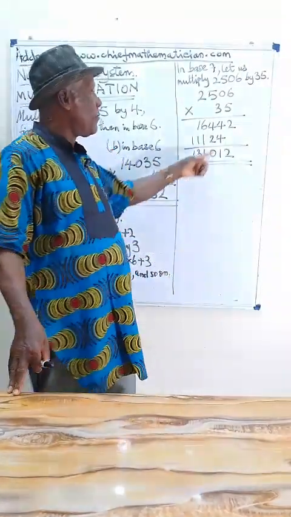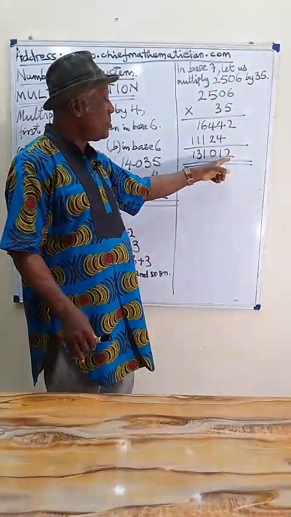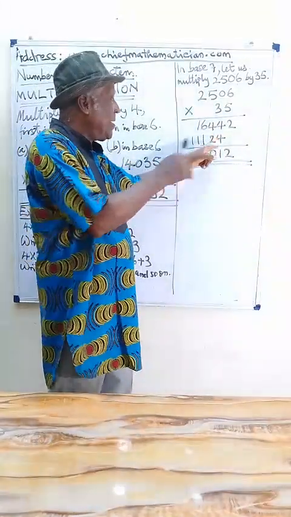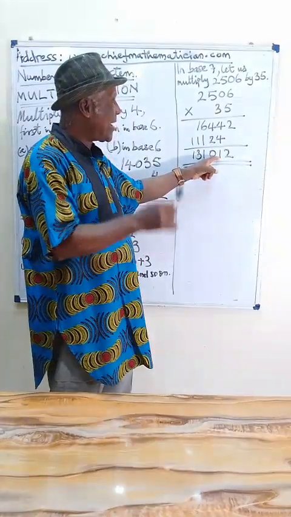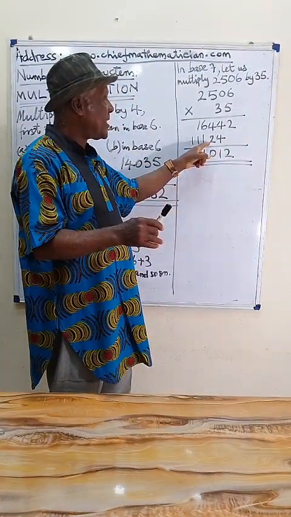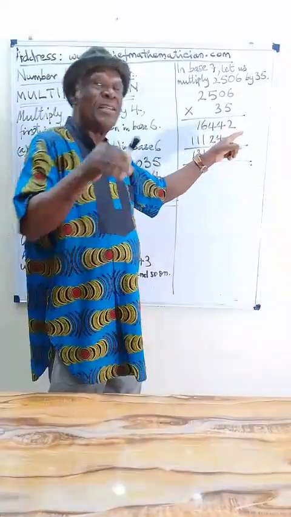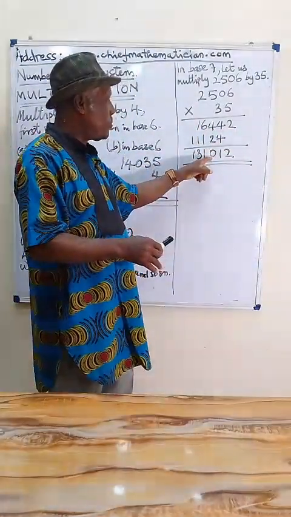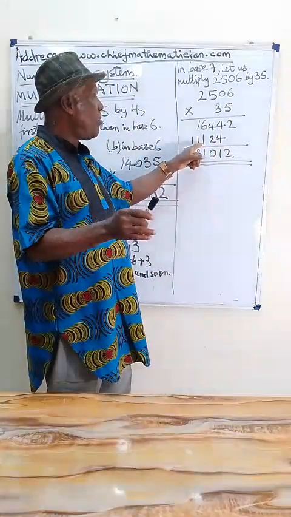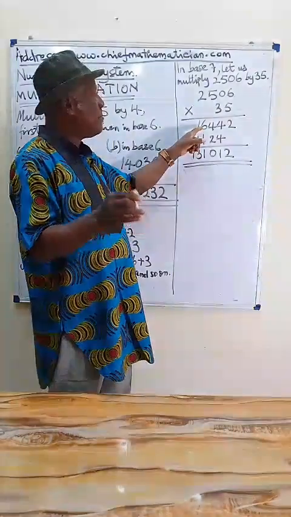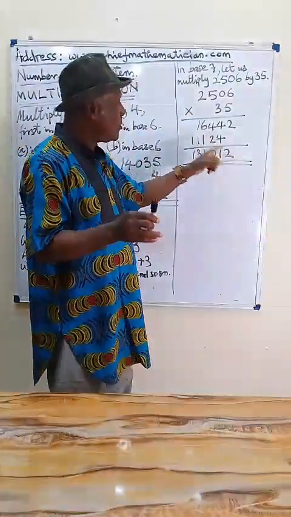You bring down the 4. 4 plus 4 is 8, which is 1 remainder 1. You put 1 down there and carry the 1. 1 plus 2 is 3. 3 plus 4 is 7. 7 in base 7 is 1, 0. You put down 0 and carry the 1. 1 plus 1, 2, plus 6, 8. 8 in base 7 is 1, 1. 1 remainder 1.